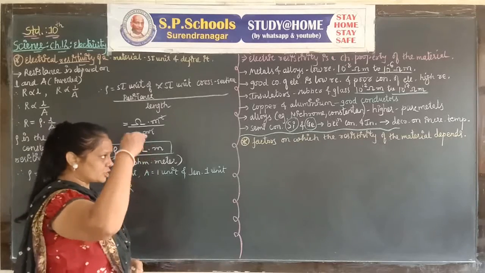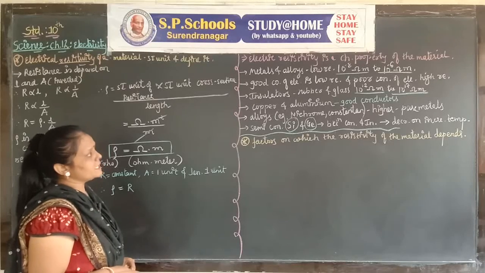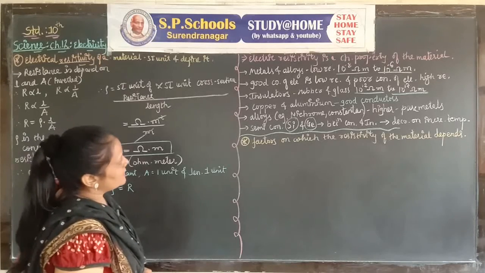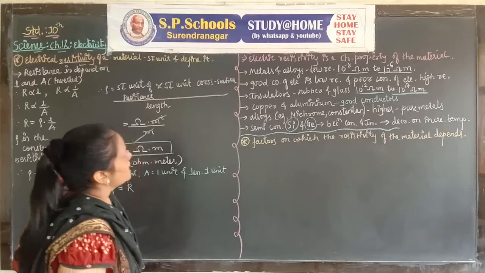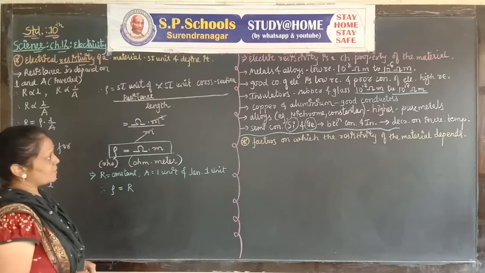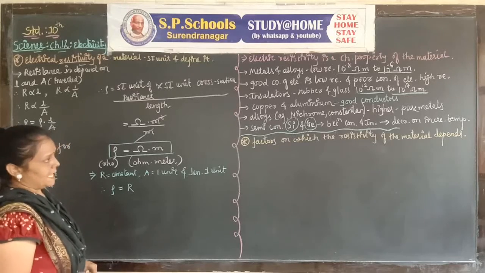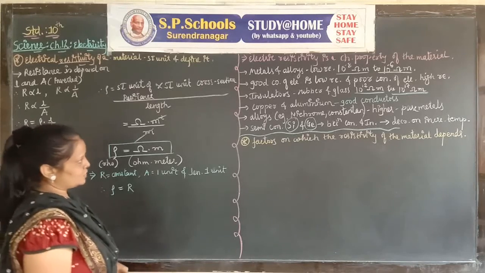When temperature increases, the resistivity of silicon and germanium decreases. So electric resistivity is a characteristic property of the material.